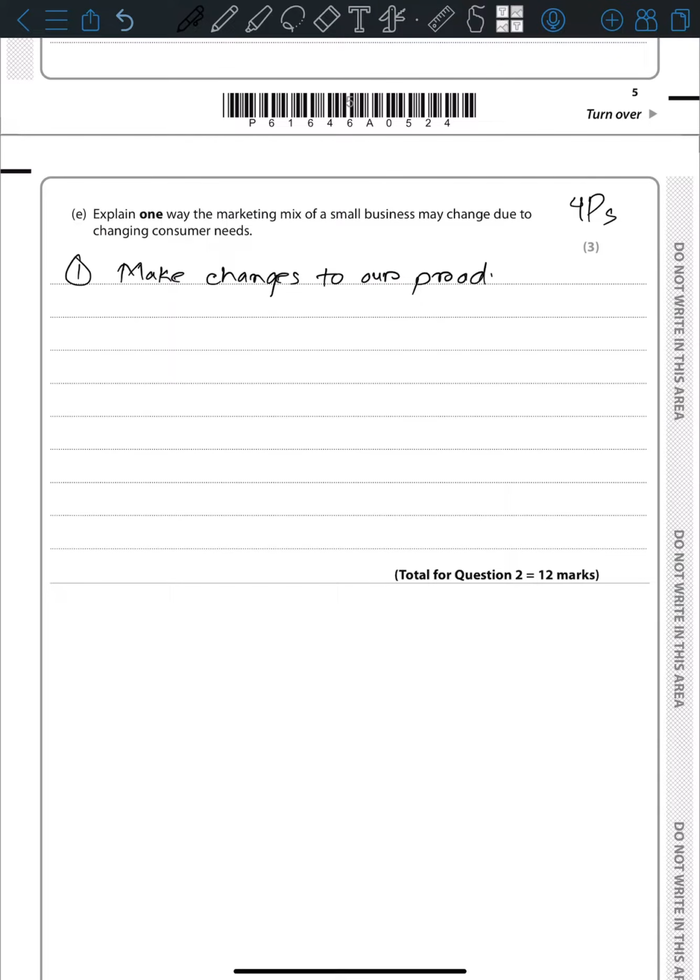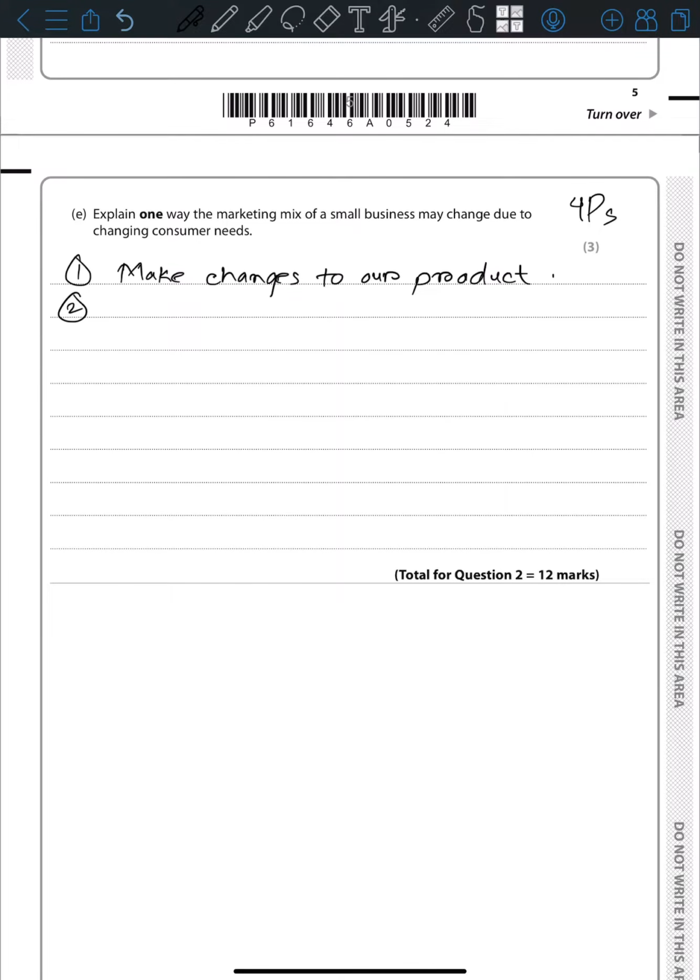Cool. How will that further hamper the business? How might we need to change the product? So if we need to change our product, we need to do more market research. We need to find out how we need to change our product, in what way we need to change our product.